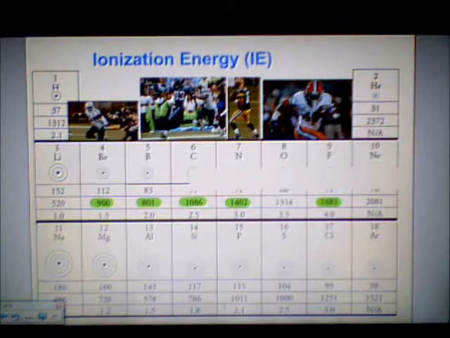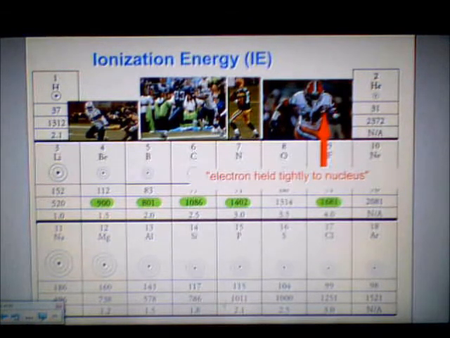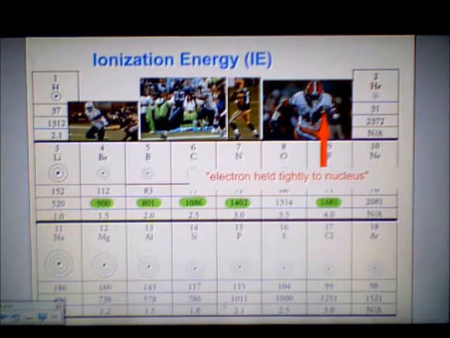And then the football, or our electron, is being held tightly against the nucleus, and therefore the ionization energy has raised to 1681. So going across a period, the ionization energy is getting much larger. It's getting harder to take that electron away from the nucleus because the electrons are being held more tightly to the nucleus, as we saw in the atomic radius.